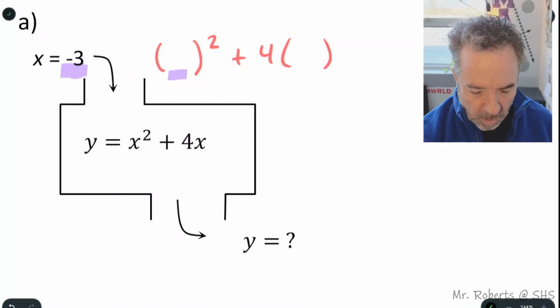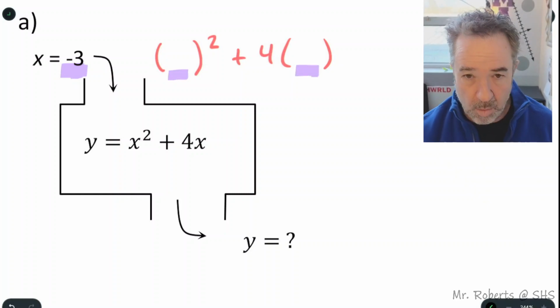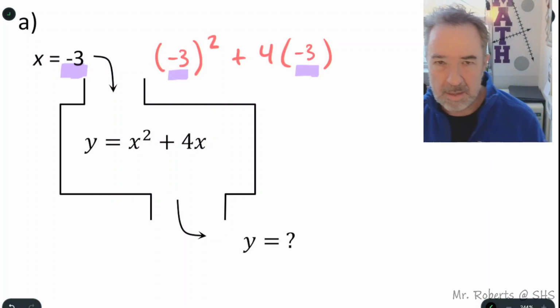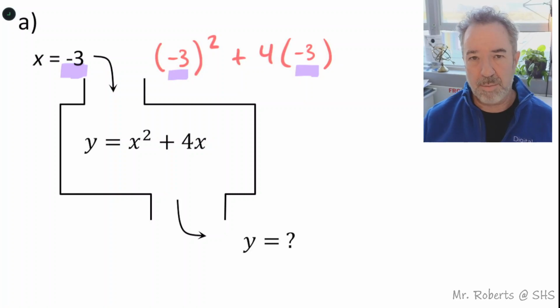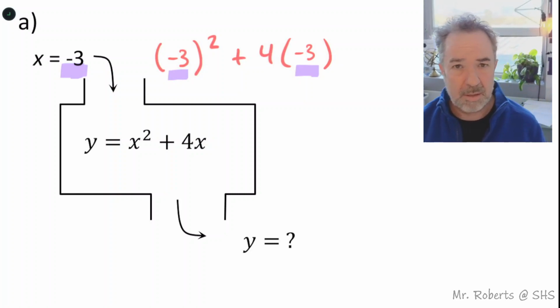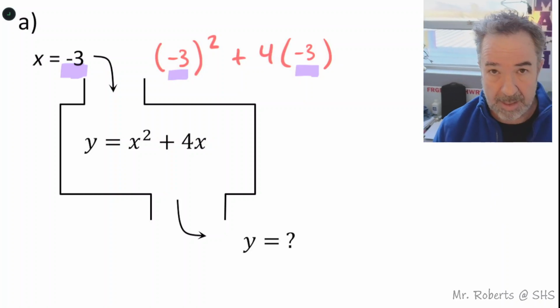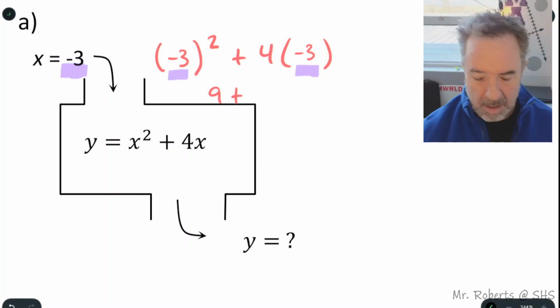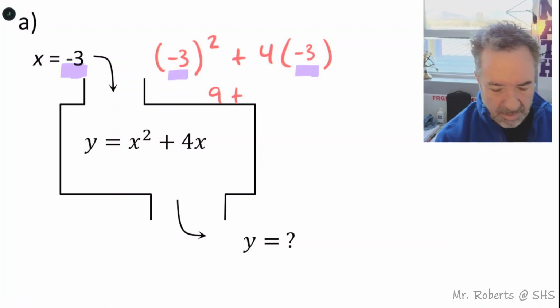I'm going to square that, and then add 4 times that. So if I place this number in here, there's -3 and there's -3. Notationally, this is not going to be a problem if I evaluate this with my calculator. -3 squared will produce the value of 9. And then 4 times -3 produces the value -12.